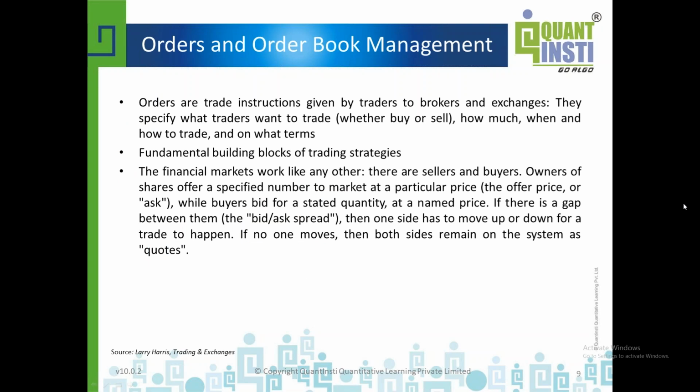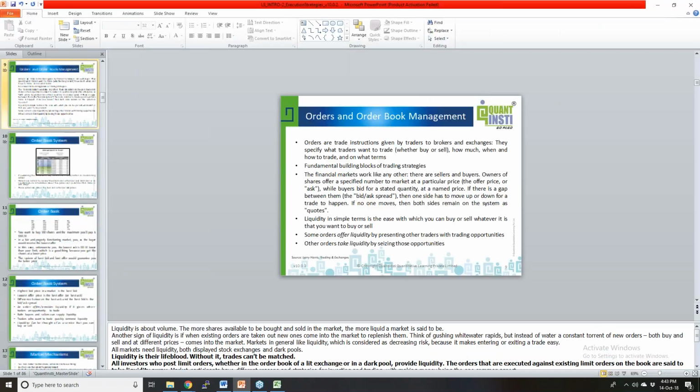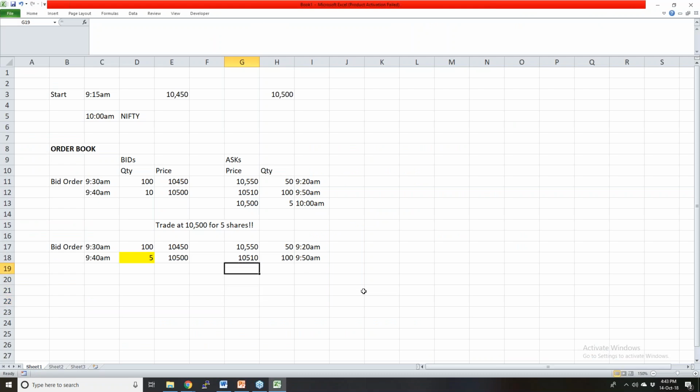So any investor who wants to buy or sell is providing liquidity. This trader wants to buy at 10,500, this one wants to sell at 10,500. Now there are some people called market makers. These guys provide both a bid and an ask. This was trader one, this was trader two.